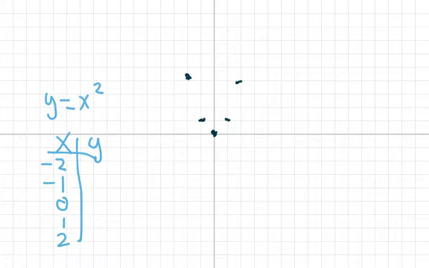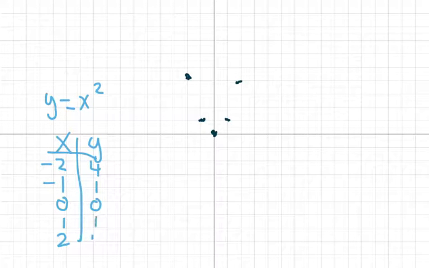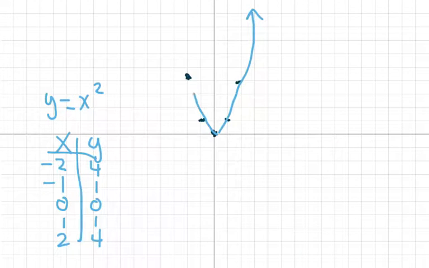I just plug them into my equation, and I get 4, 1, 0, 1, 4. Then you just plot them and graph it as best as you can. 3 would go to 9, so if we go to 3, that would be up here, and it's symmetric.